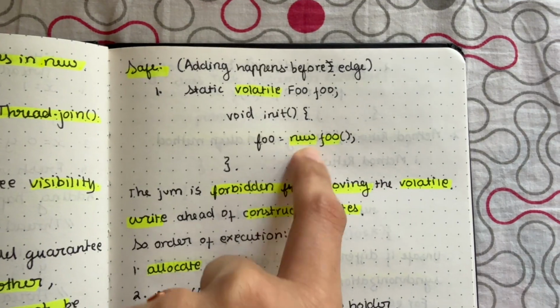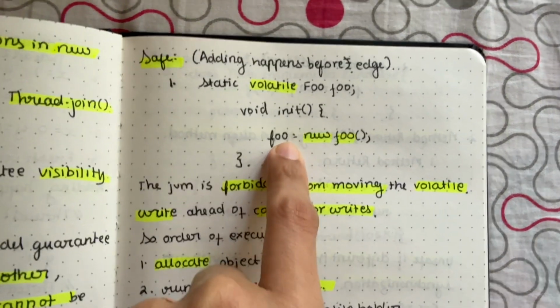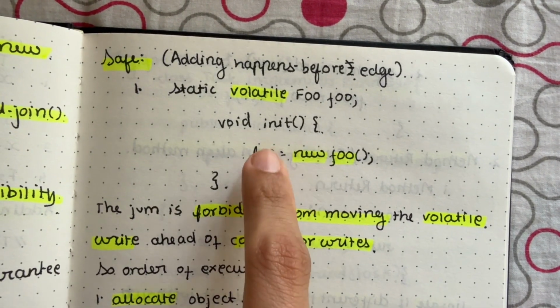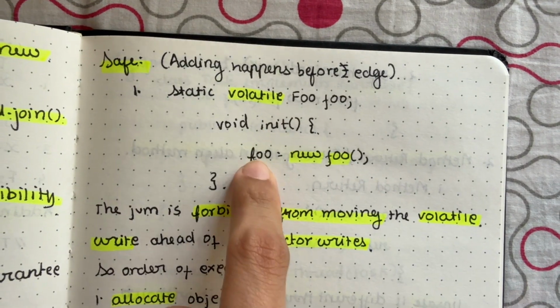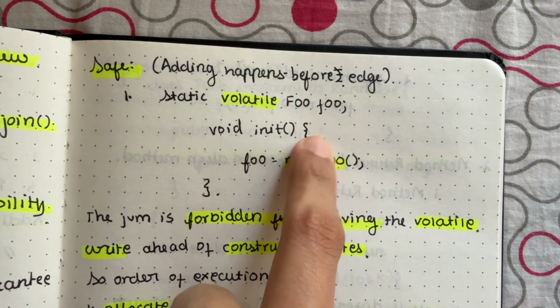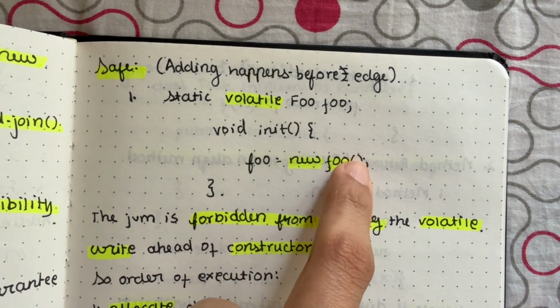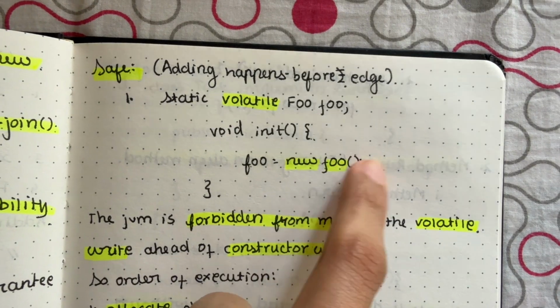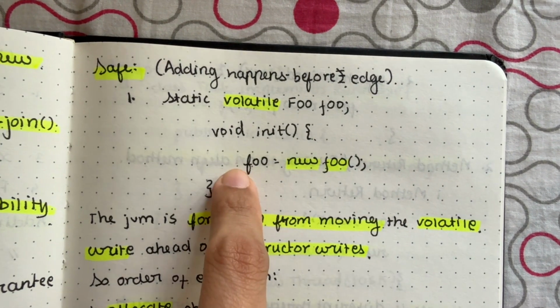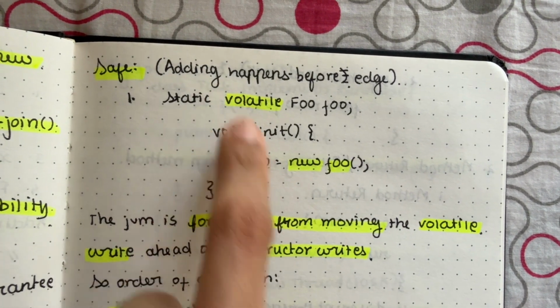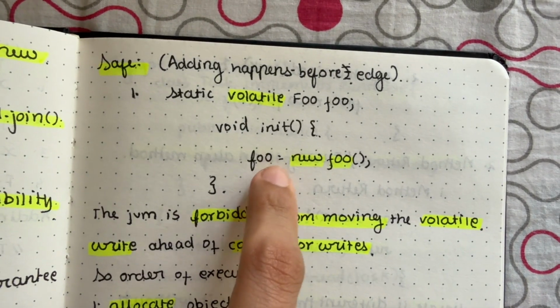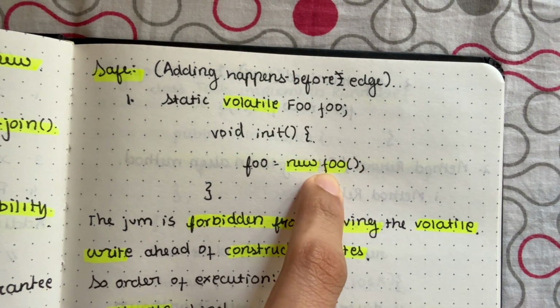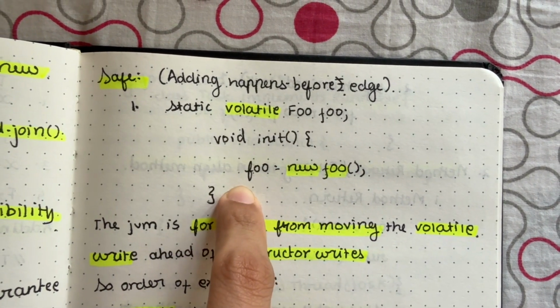Now, how do these help in this situation? Let's see. Here, foo, which is volatile, is getting assigned with a newly constructed object. So the construction needs to happen first and then the assignment needs to happen to the volatile variable. So the order here is first construction and then assignment.